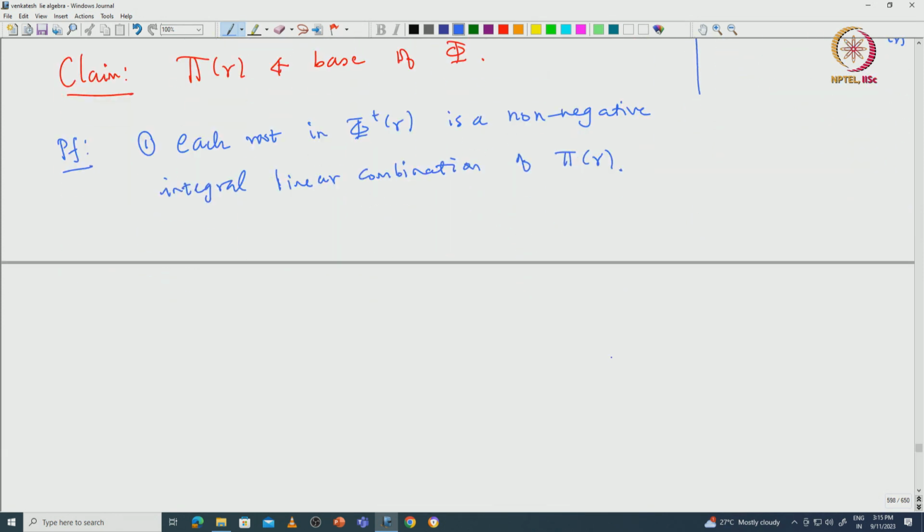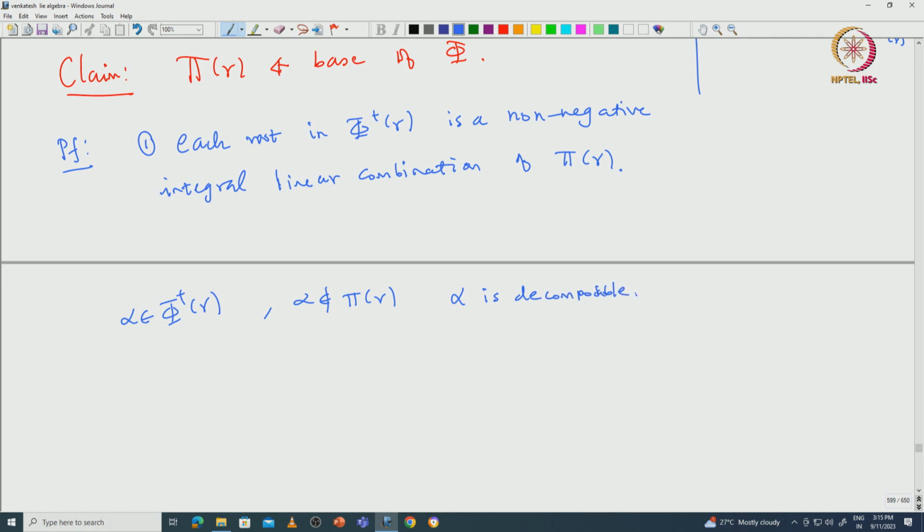One can induct on the inner product of gamma and alpha. Let us start with alpha in phi plus of gamma. If of course alpha is in pi of gamma, then we are done. So assume that alpha is not in pi of gamma. Then alpha is not indecomposable, so that means alpha is decomposable.